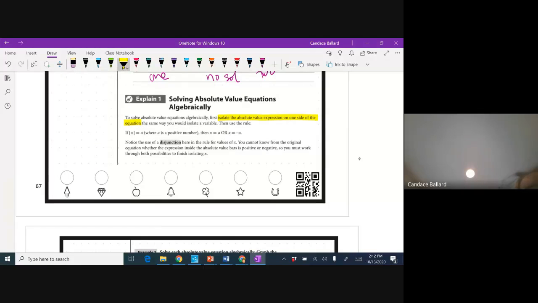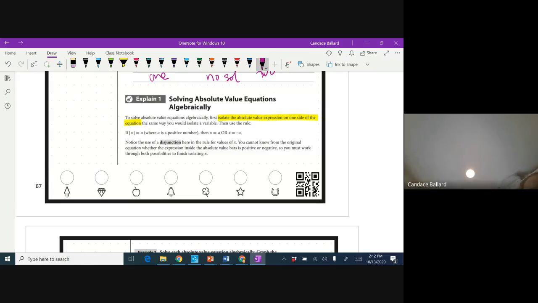If f of x equals a, where a is a positive number, then x equals a, or x equals negative a. I'm going to undo that a little bit. I'm not going to do it that way, because if we start that way, then what we do tomorrow gets more confusing, okay?